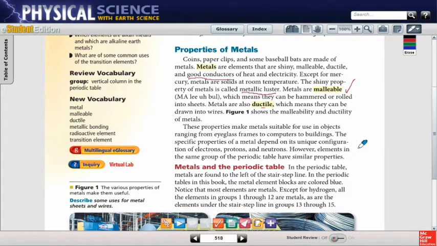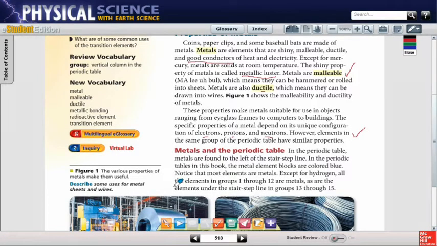The three particles of an element, right there. Electrons, protons, and neutrons. It says elements in the same group of the periodic table have similar properties.